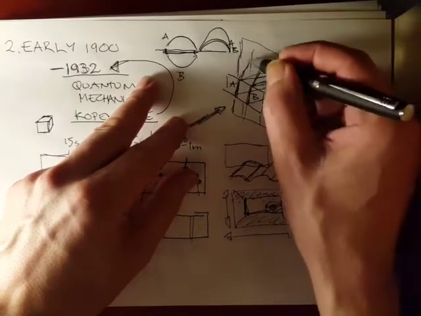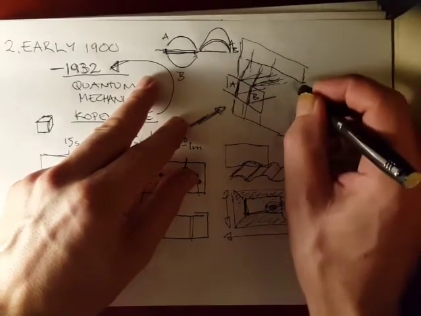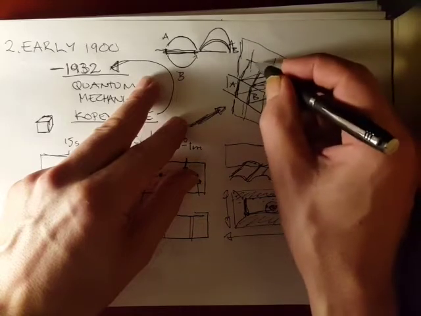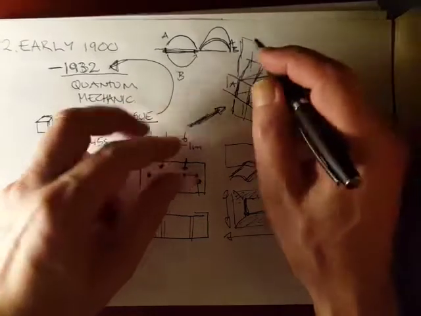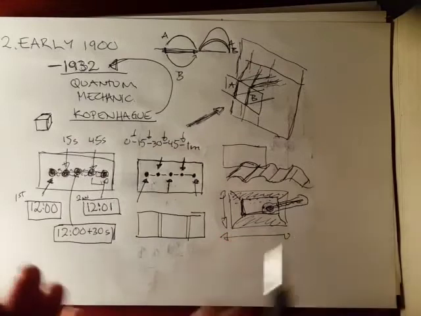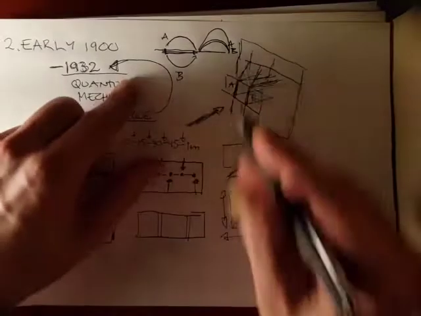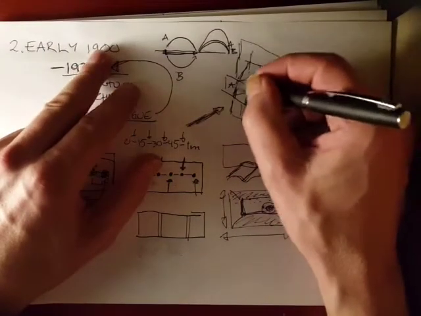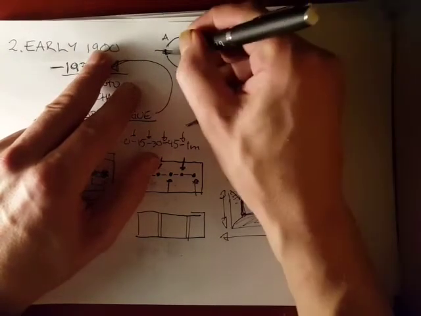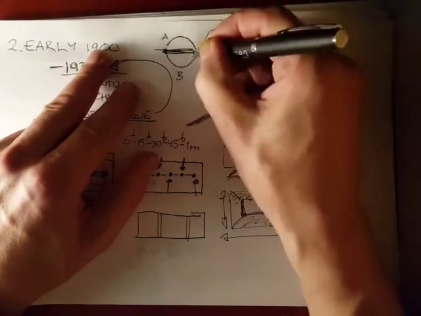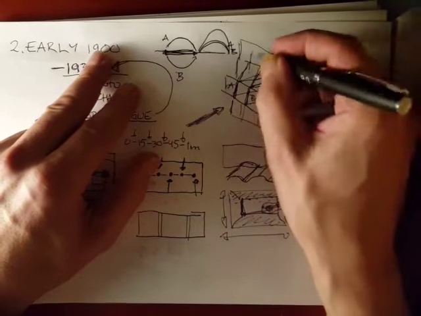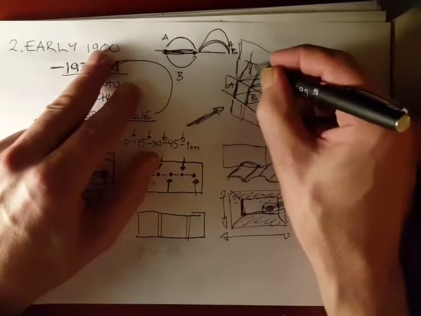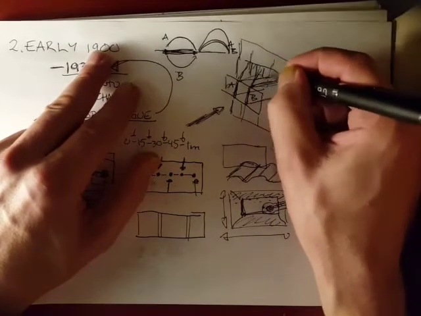And depending on where on the screen you are, you will have different regions where the waves are in phase or out of phase with each other. And that means that since it's light, if it's flat, 0, then there is no light. So there will be dark areas and there will be light areas on the screen.